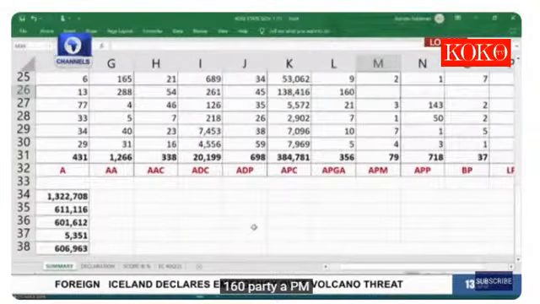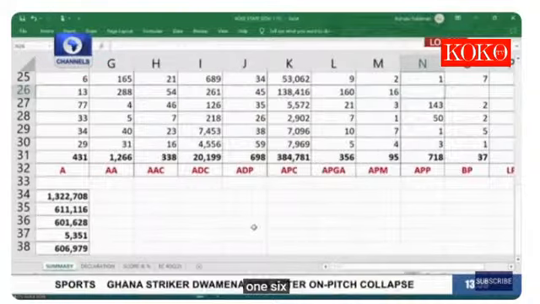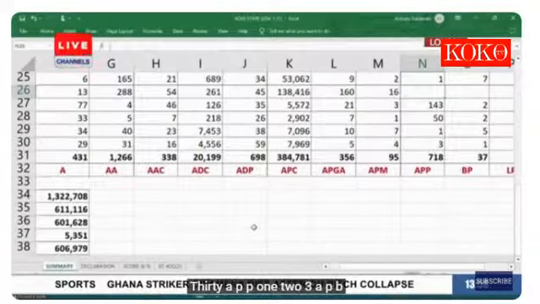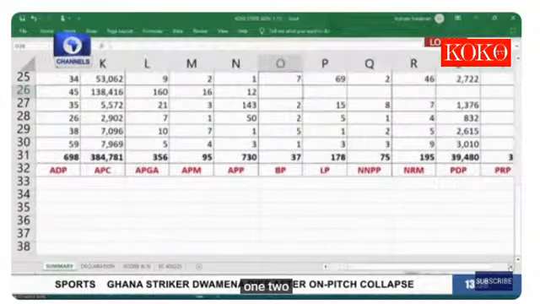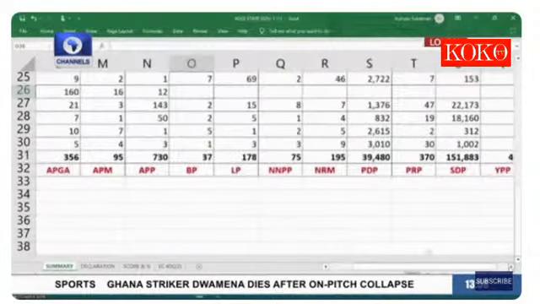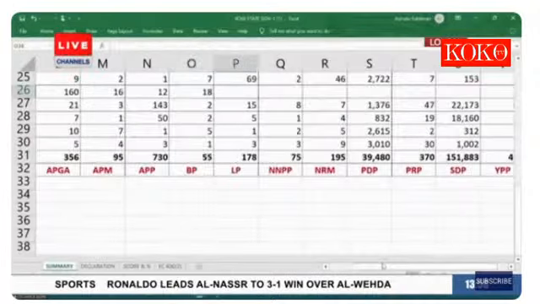Party APM 16. Party APP 12. Party BP 18.